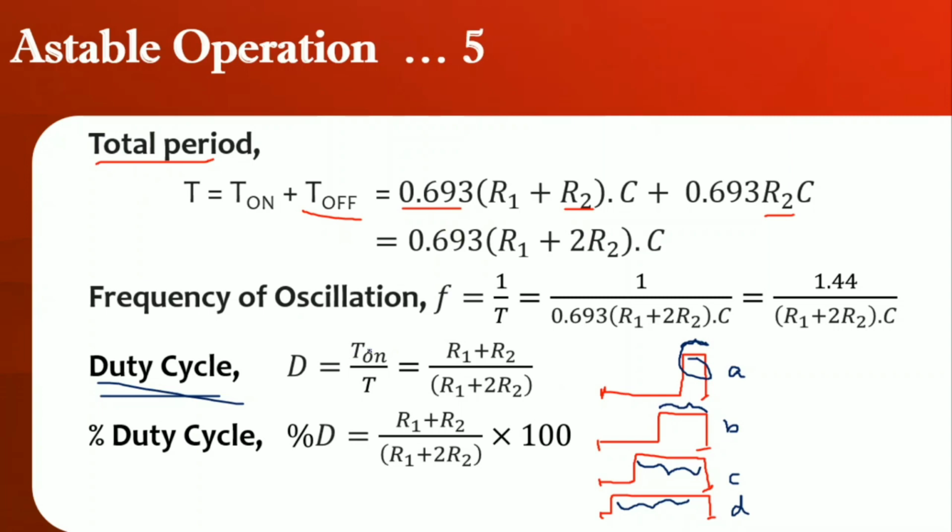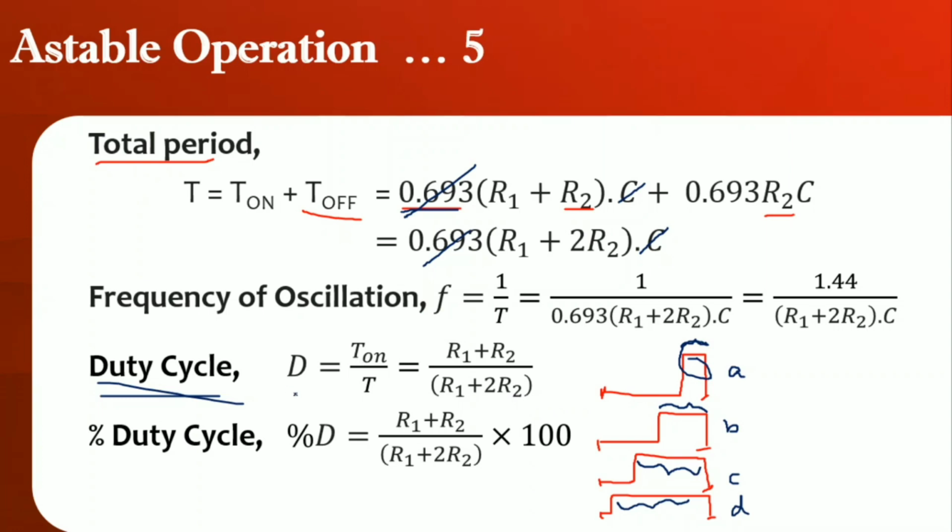So here T on divided by T will give you the value of on time. T on, we know, is 0.693 (R1 + R2) C. And what is the total period? It is 0.693 (R1 + 2 R2) C. So you can cancel C and 0.693, and you will be left with (R1 + R2) divided by (R1 + 2 R2).